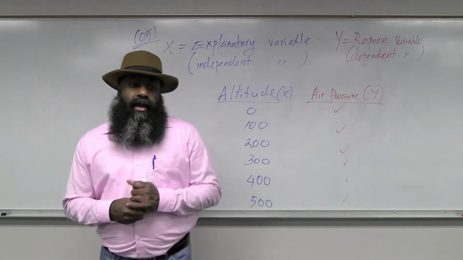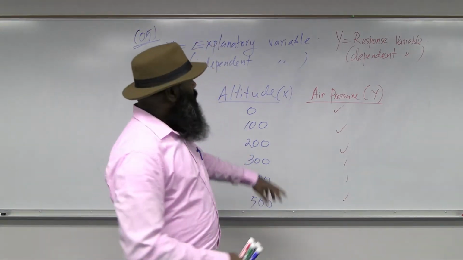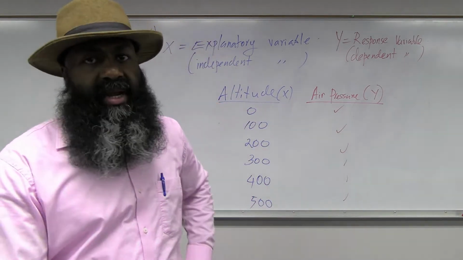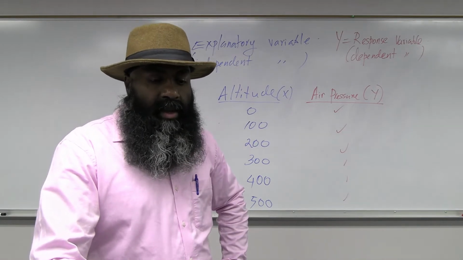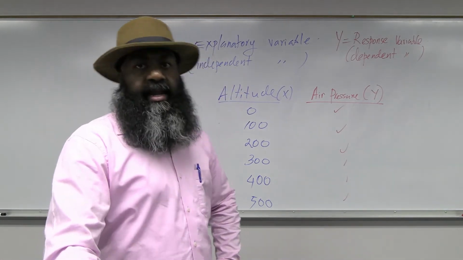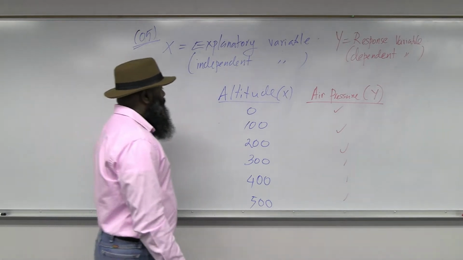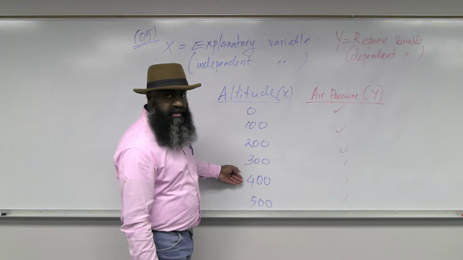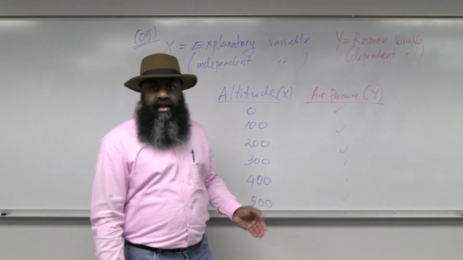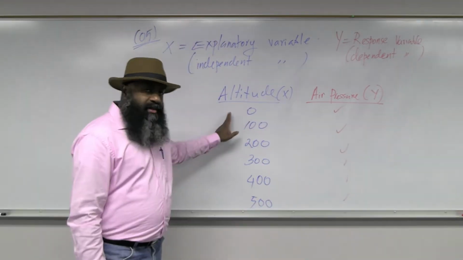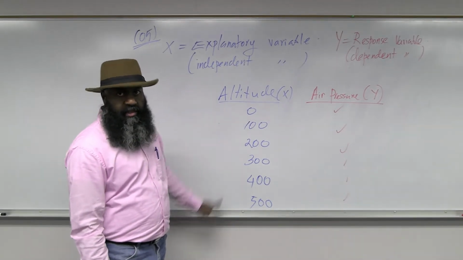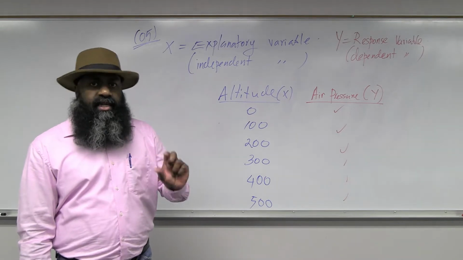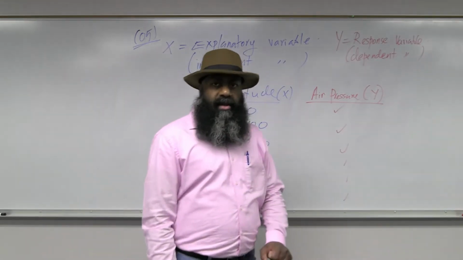So one good thing about this class is those two variables will be very clearly defined, or can be very straightforwardly understood. One straightforward way to understand the explanatory variable is just to look at the step size. If there is a fixed step size, it is almost always the x variable, the explanatory variable. The variable without a fixed step size is usually the response variable.